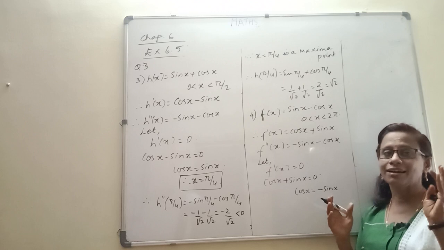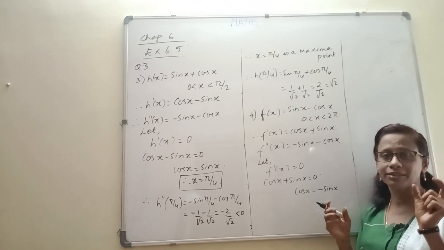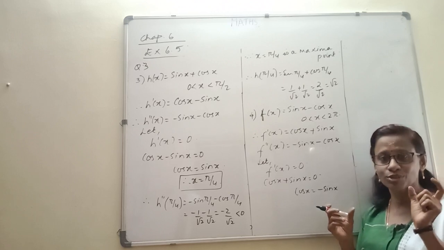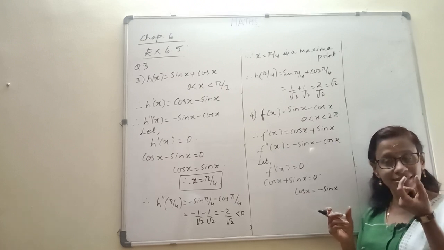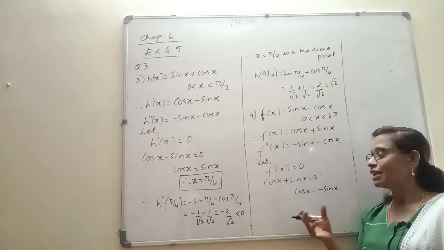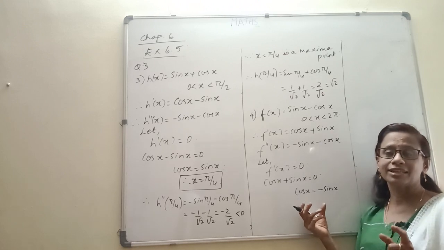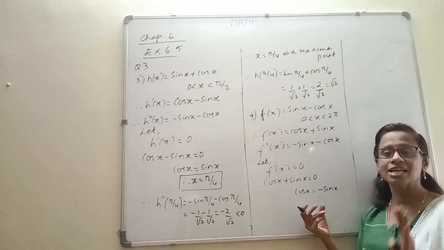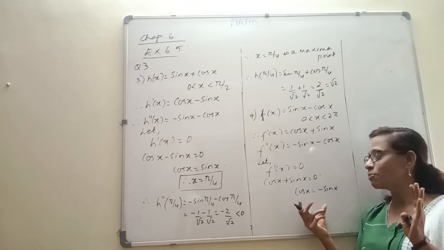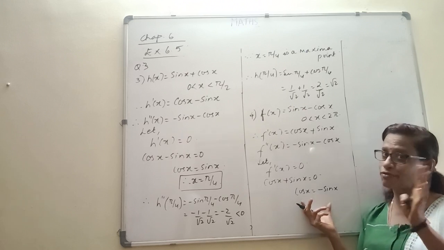So if you just look at the number part, it would be equal for both those ratios, but the signs vary. Now it's very clear to us that whether it is 30 degrees, or 0, or 90, or 60, there is no place where cos and sin become equal except for 45.